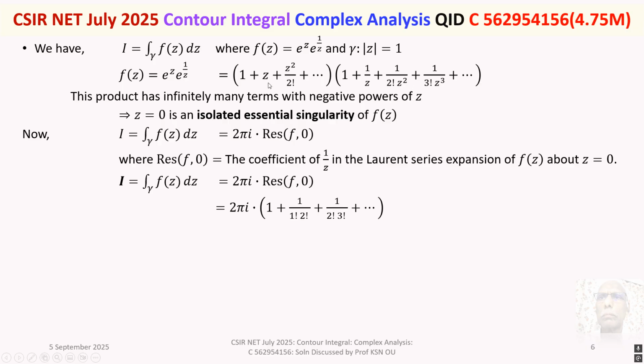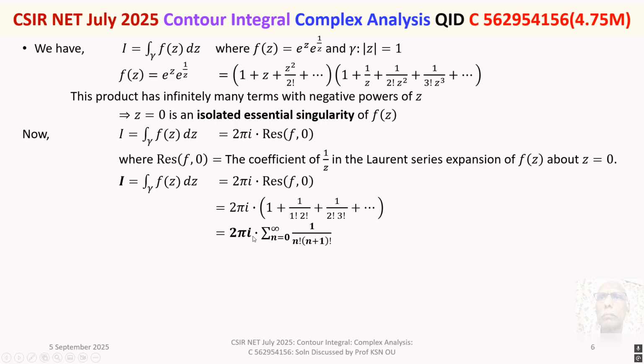From here, 1 by 1 factorial into 1 by 2 factorial, this one, plus z square by 2 factorial into 1 by 3 factorial into z cube. z cancels, the coefficient of 1 by z is 1 by root 2 into root 3 plus so on and so forth. That is the coefficient of 1 by z in the Laurent expansion of f of z about z equal to 0.